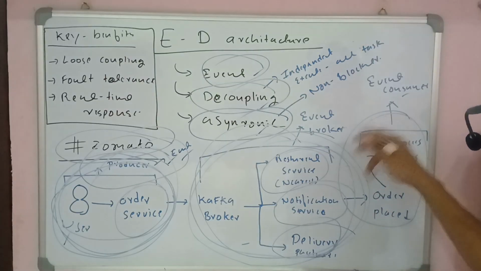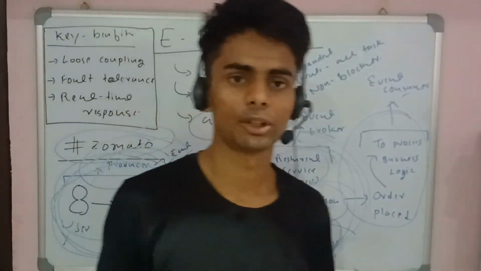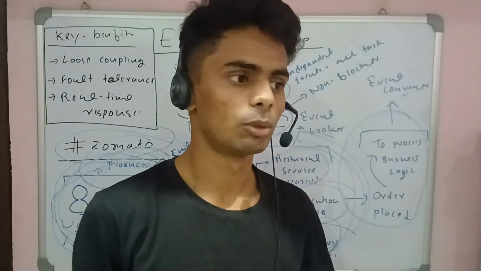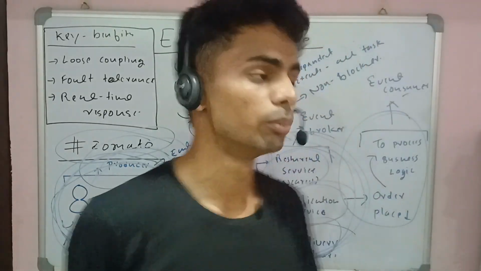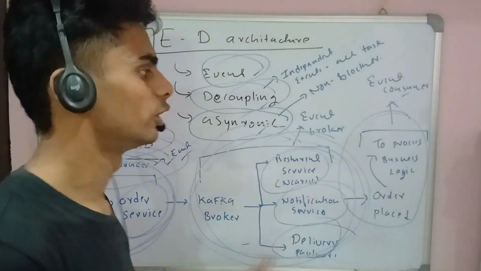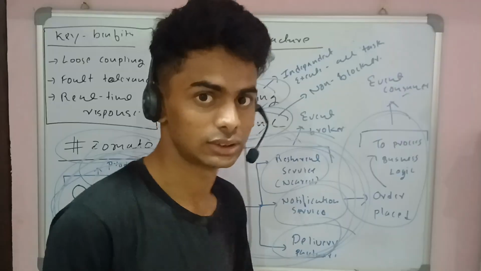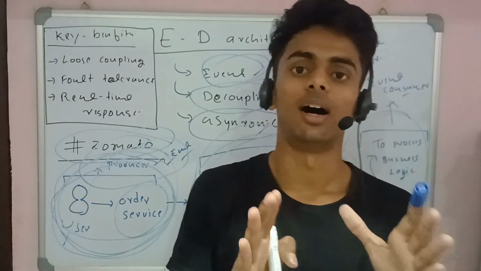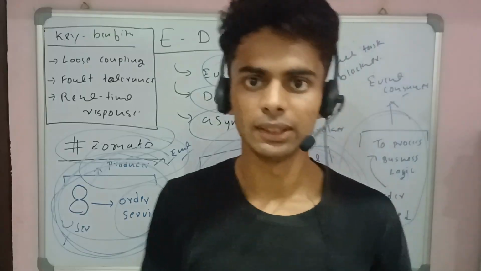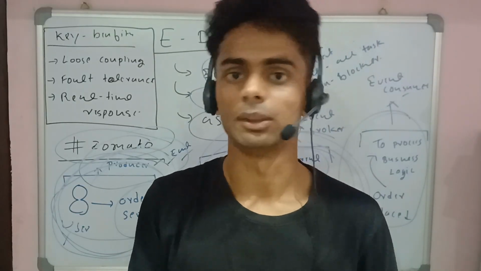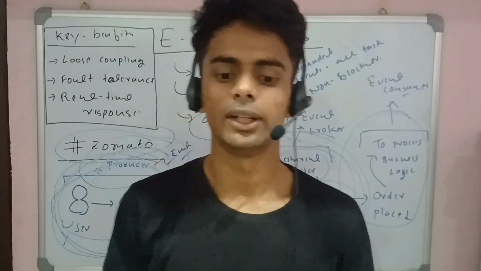The last part is the event consumer, which facilitates the response. After the event broker processes all the information logically, the next part is the event consumer, which processes the business logic and finally responds to the user. For example, your order will be placed, and it applies business logic such as payment and other things, and responds to the user that the order is placed.